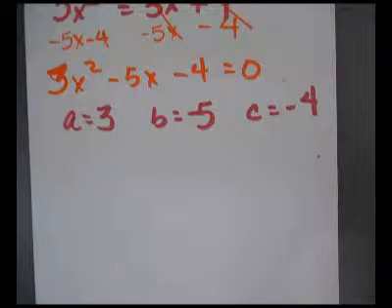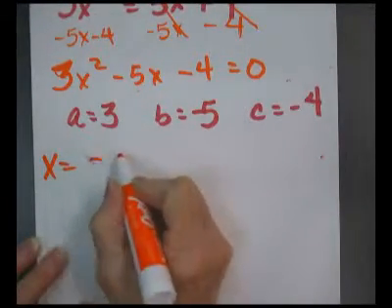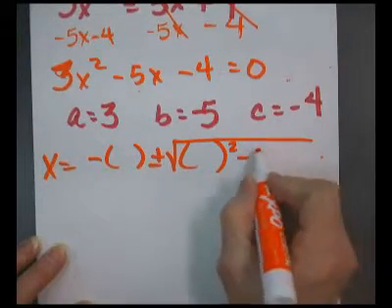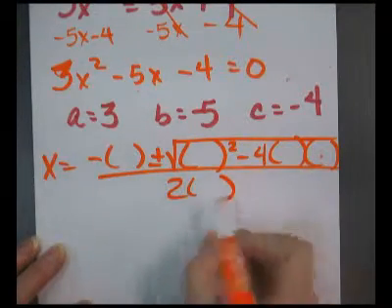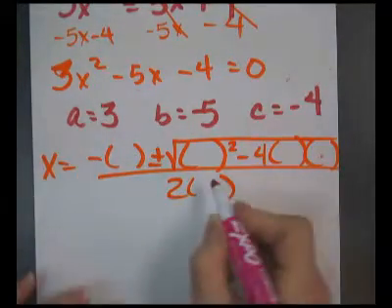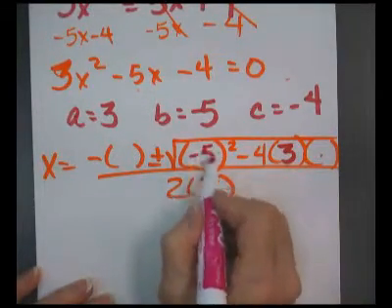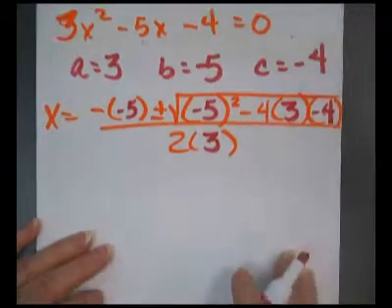What'd you get? I think that's 5 plus or minus square root of 72.